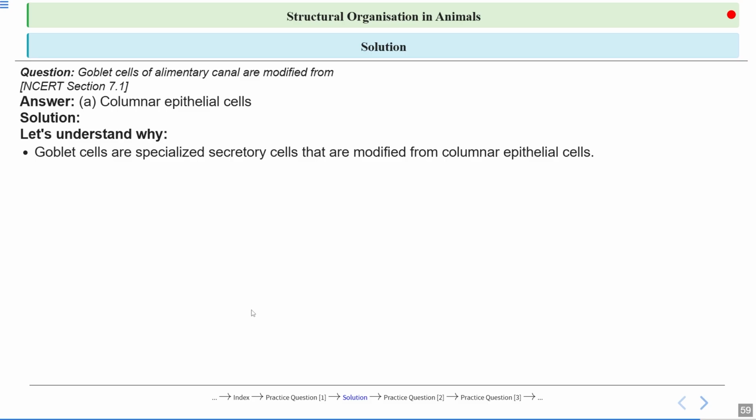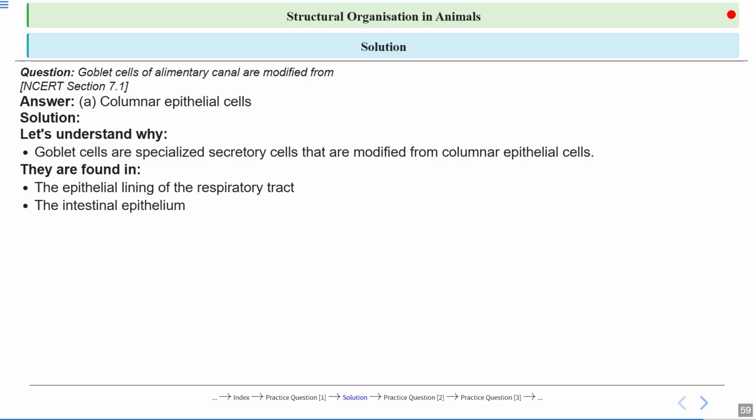Goblet cells are specialized secretory cells that are modified from columnar epithelial cells. They are found in the epithelial lining of the respiratory tract, the intestinal epithelium, and the mucous membrane.